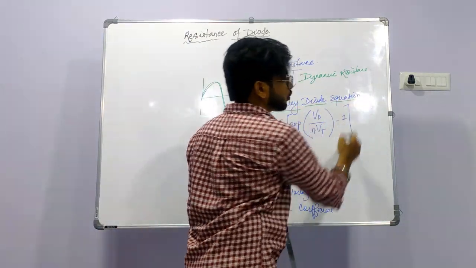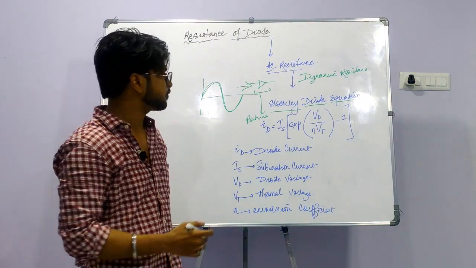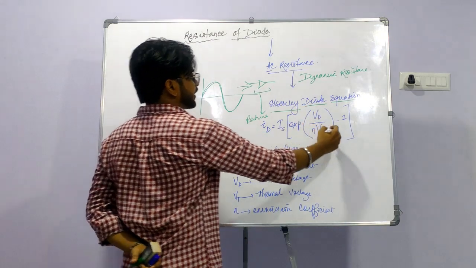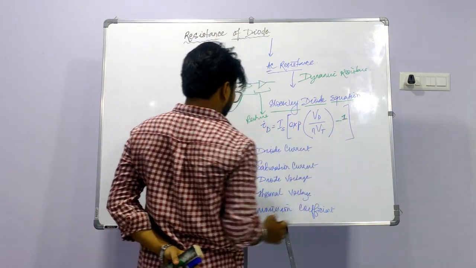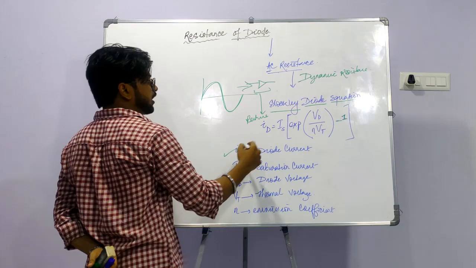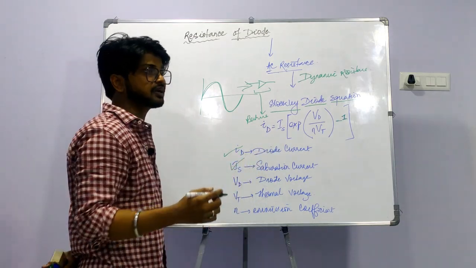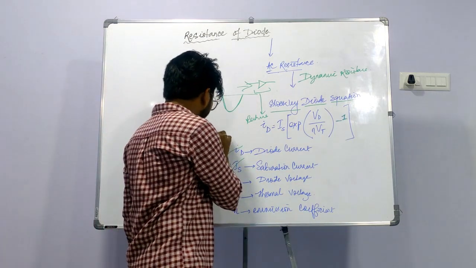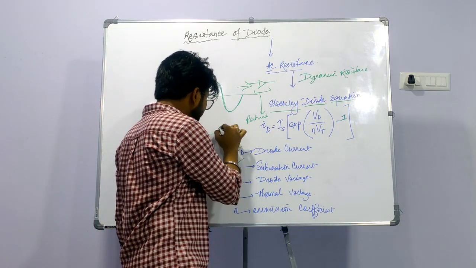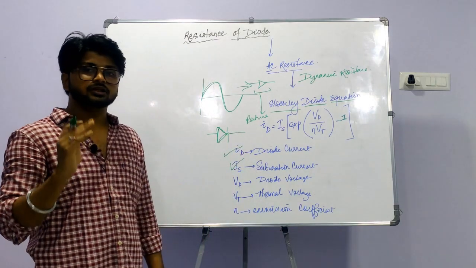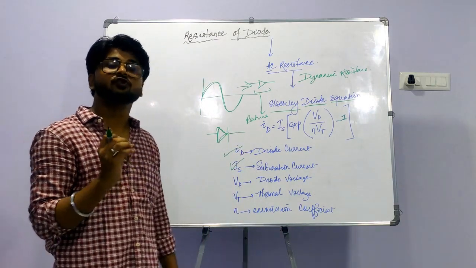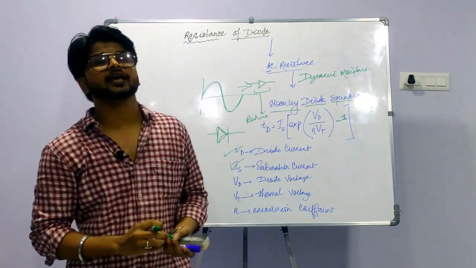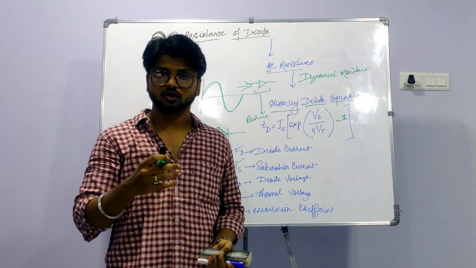Shockley's diode equation, or the so-called diode equation, that is ID equals Is into the exponential of Vd by n Vt, minus 1, where ID is the diode current and Is is the saturation current. Saturation current can be explained with a glass of water.